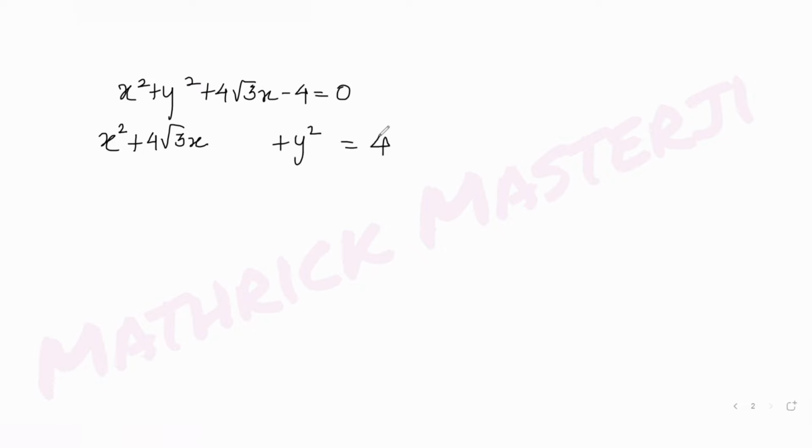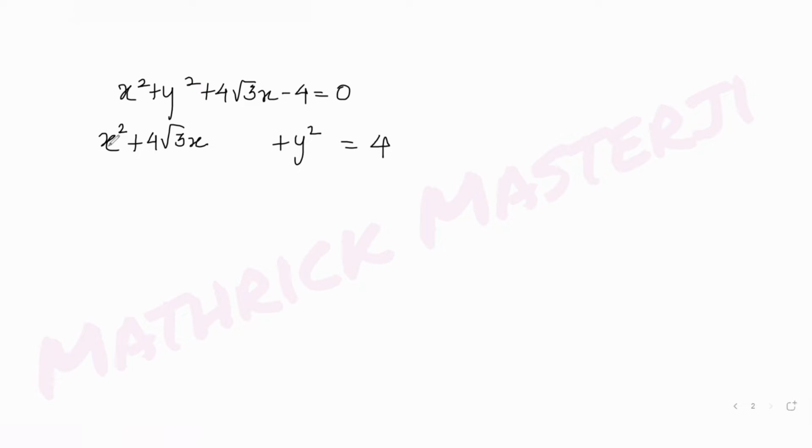If I first write down the equation of the circle given to us, it's x square plus y square plus 4 root 3x minus 4 equals 0. Now I'll try to convert this into a perfect square. So I get x square plus 4 root 3x plus y square equals 4.